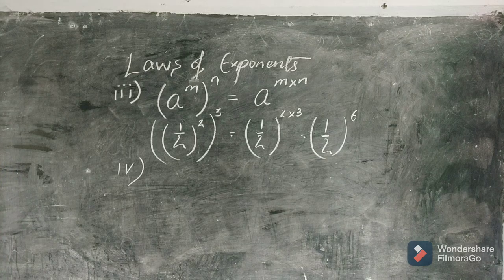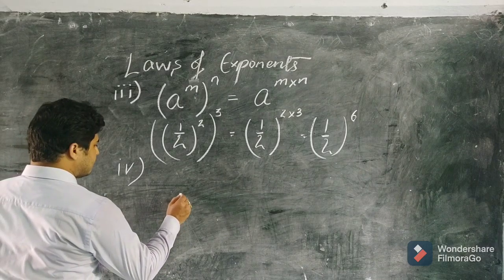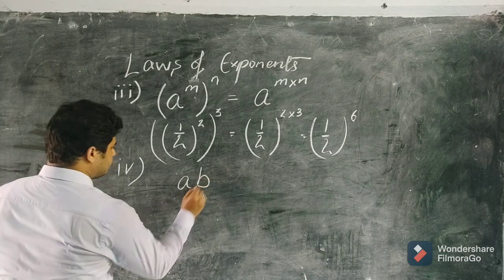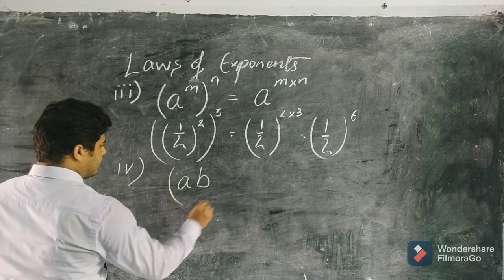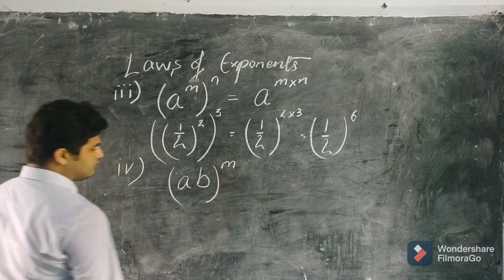Then the fourth law. We can say that if there are two numbers, like for example A and B, and both are raised to the power m.